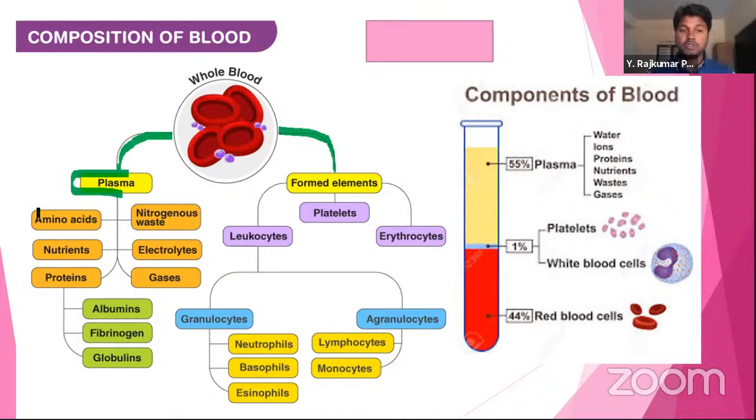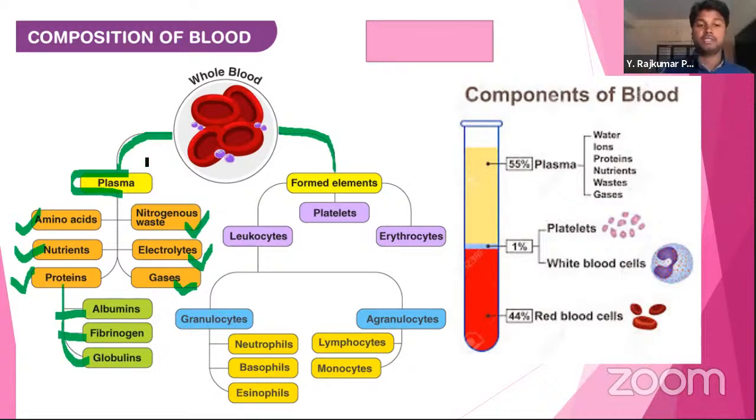In the plasma you find amino acids, nutrients, proteins, nitrogenous waste substances, electrolytes, and gases. Proteins, what are the different proteins present? Albumins, fibrinogen, and globulins. These are found in the plasma.